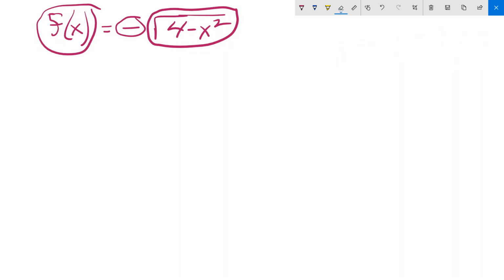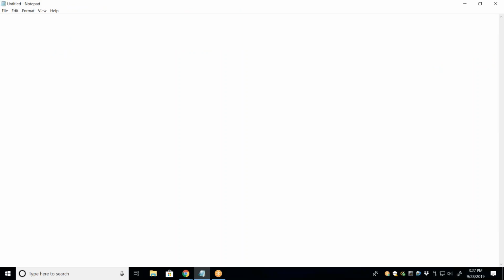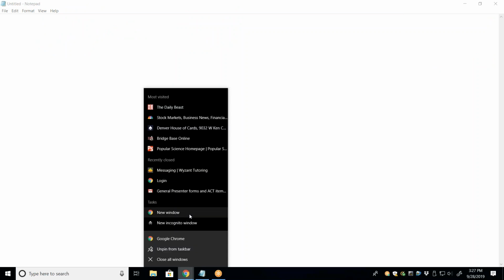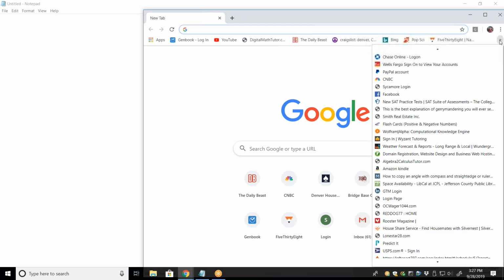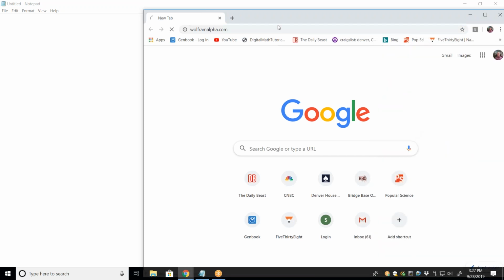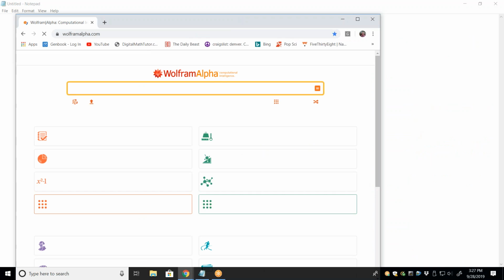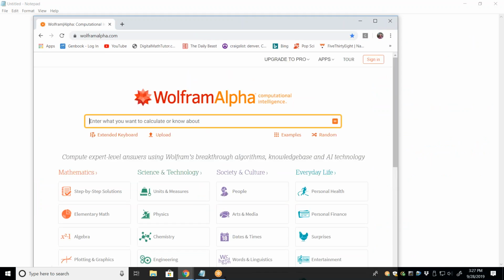Let's do something here. Are you familiar with Wolfram Alpha? No. Let me open it up and show it to you. It is an excellent internet site for mathematical problems. And I can go on here, and this is basically a graphing calculator also.